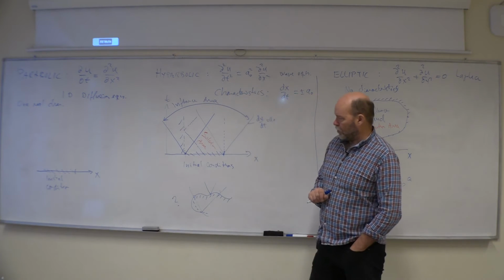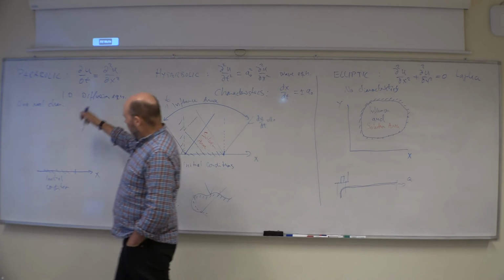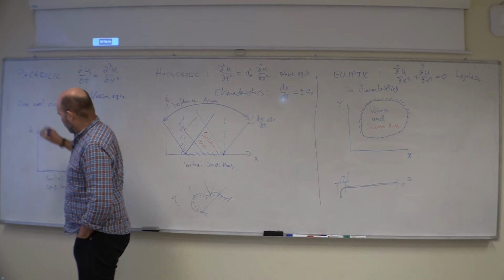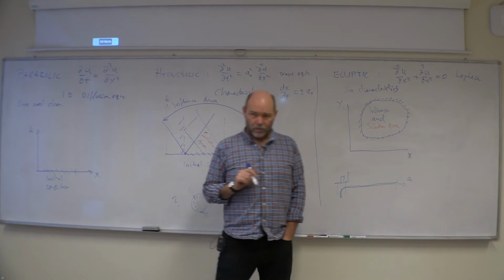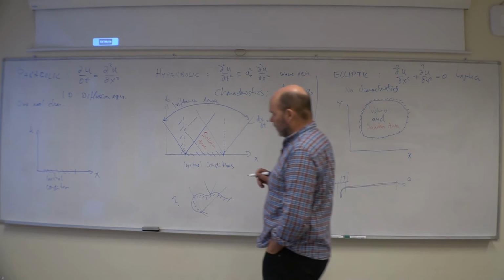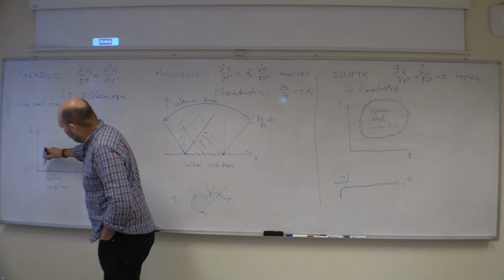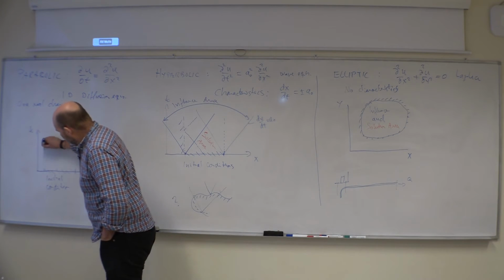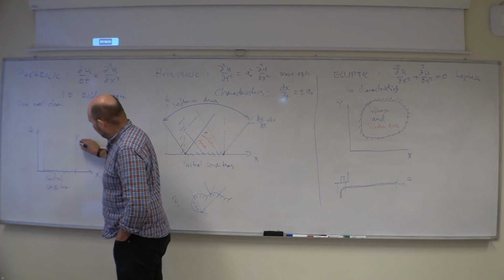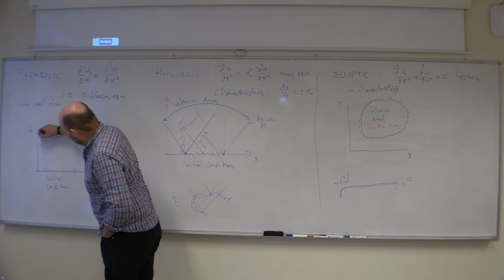Then I want to solve my unknown in time. How can I do that? Well, you are going to need boundary conditions as well. So here you have to specify what's happening to the left and to the right of your region. Here you need boundary conditions.